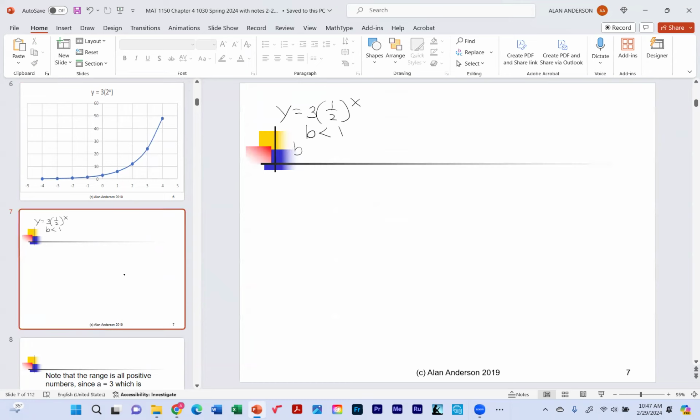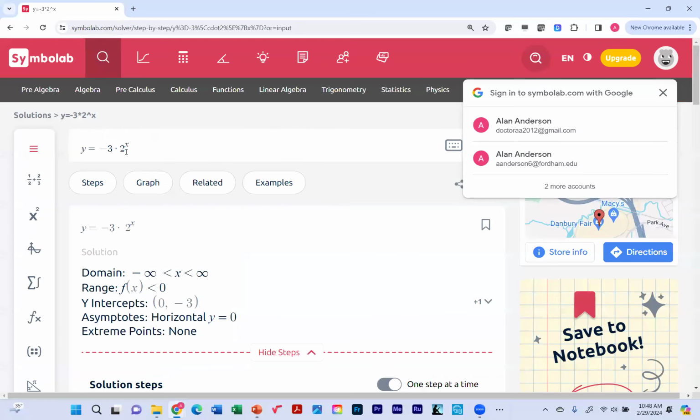Because b is defined as 1 plus the growth rate, which implies in turn that the growth rate is b minus 1. And here, that's going to be 1/2 minus 1. That's a negative growth rate, which tells me that the function is decreasing as x increases. So let's see what that would look like graphically.